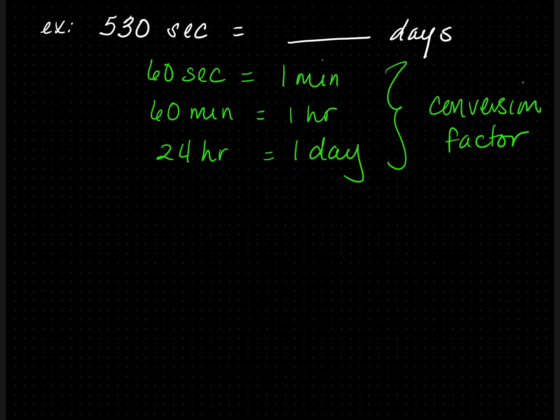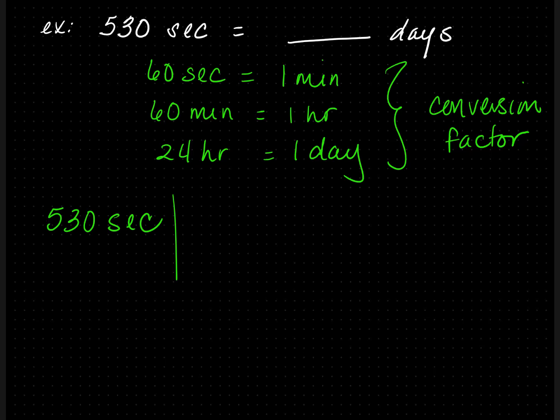First thing you always want to do after you find your conversion factor is start with what's given. What's given is 530 seconds. Next, diagonal units must be the same to cancel out. So in math, to cancel out a unit in the numerator, there must be a same unit on the denominator.